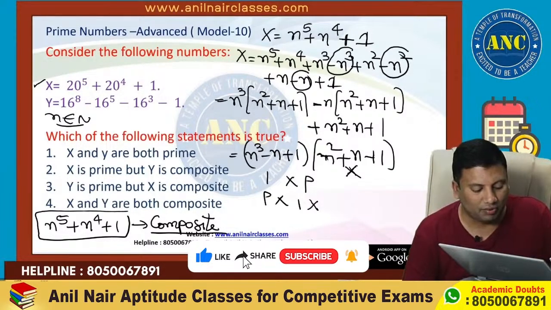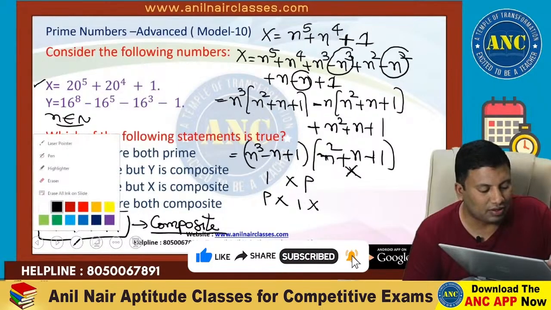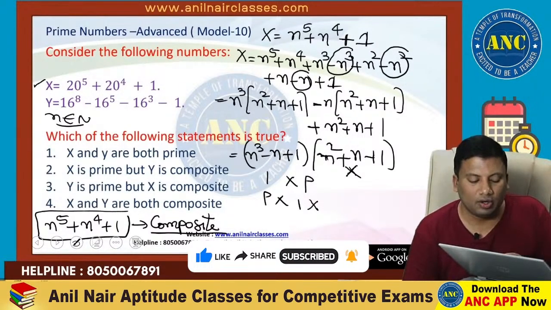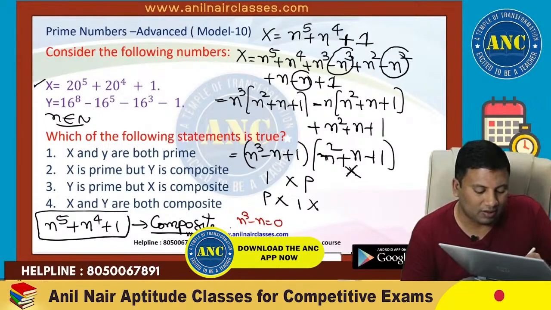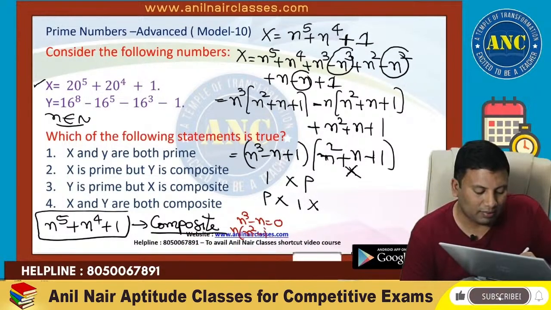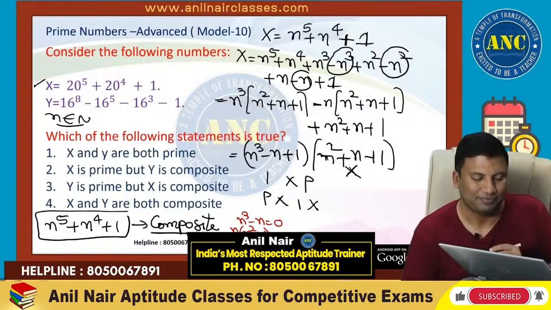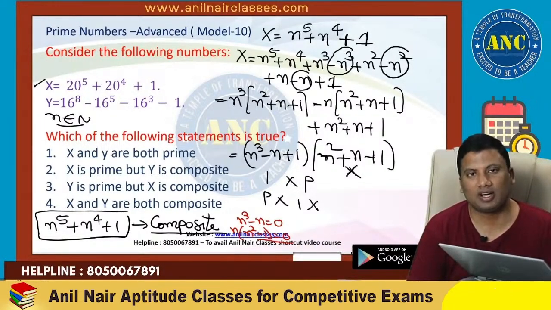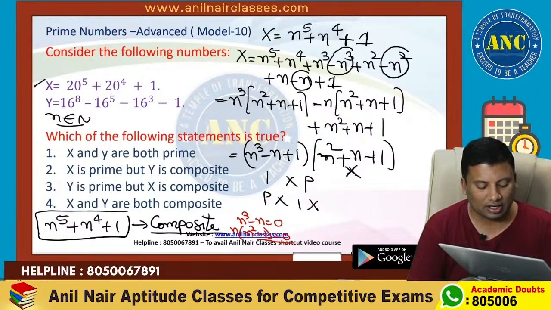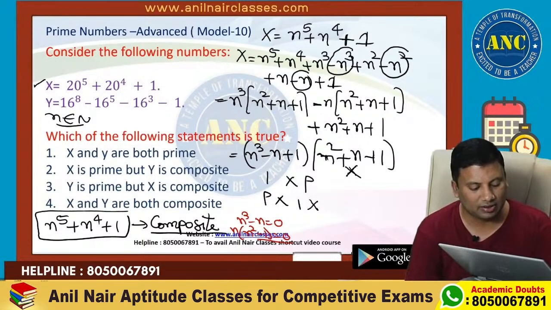If I take the first one, n cube minus n plus 1 equivalent to 1, so n into n square minus 1 equivalent to 0. N square minus 1 is n minus 1 into n plus 1. Product of 3 natural numbers cannot be 0.